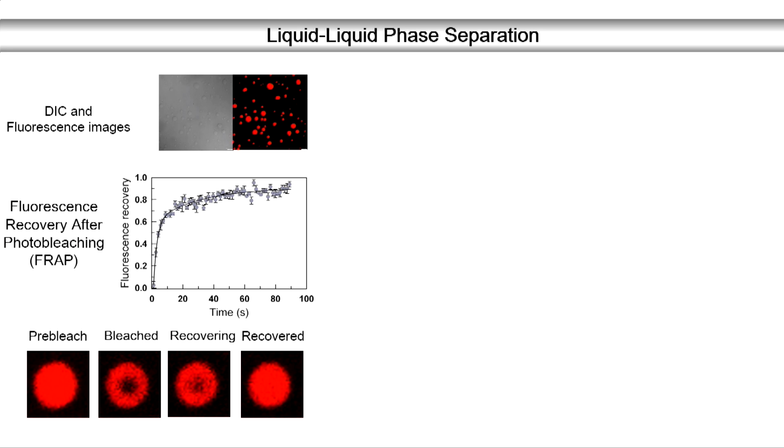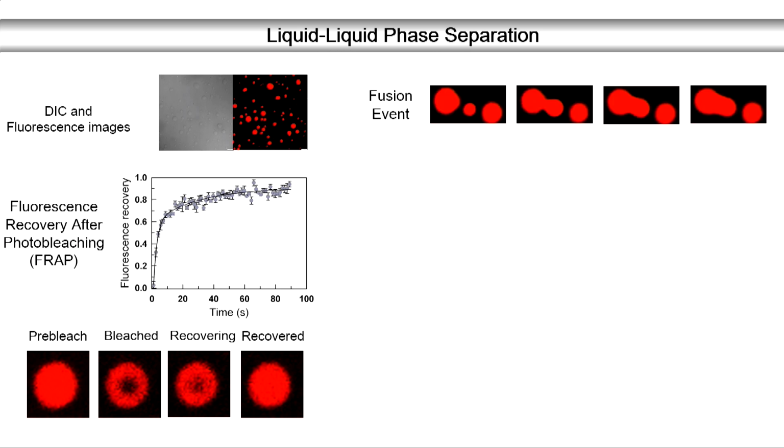Hence, it's called fluorescence recovery after photobleaching, or FRAP. And you can see that with time, this recovers nicely to nearly 100%, indicating that these are actually liquid-like. They are not solid condensates, they are liquid-like in the interior. And you can also see these nice fusion events that take place within a matter of a few seconds.